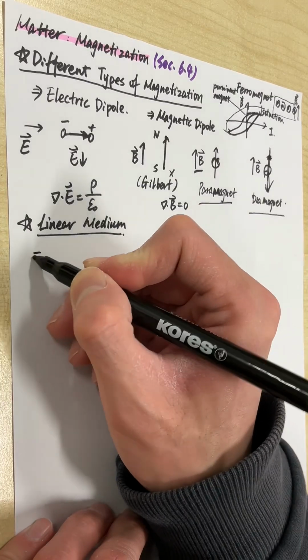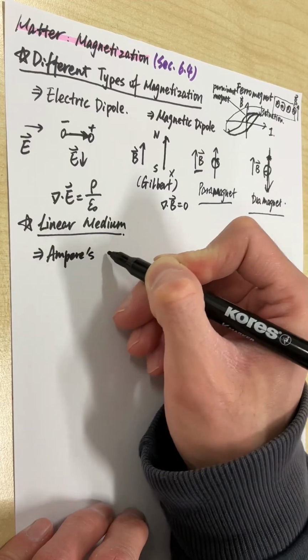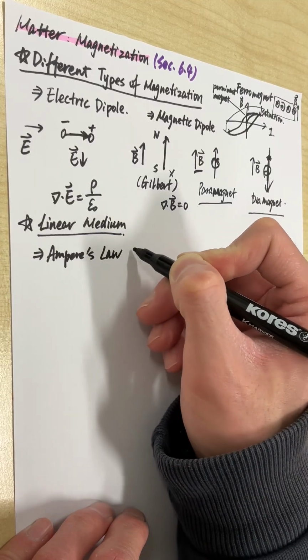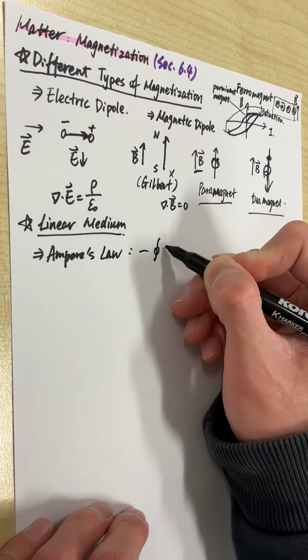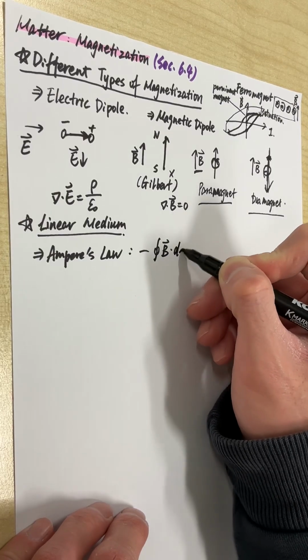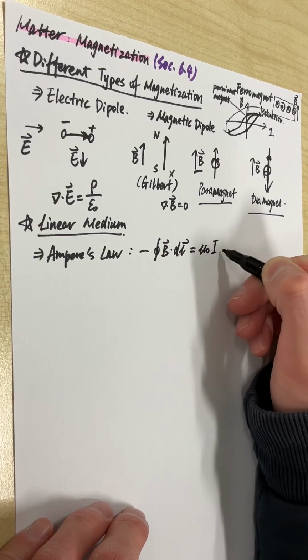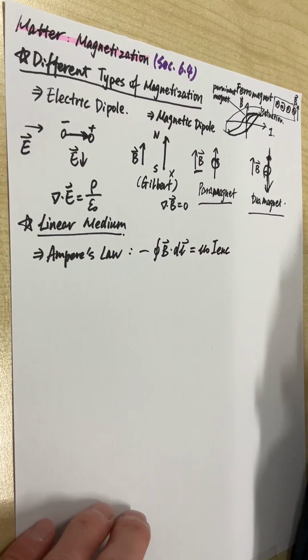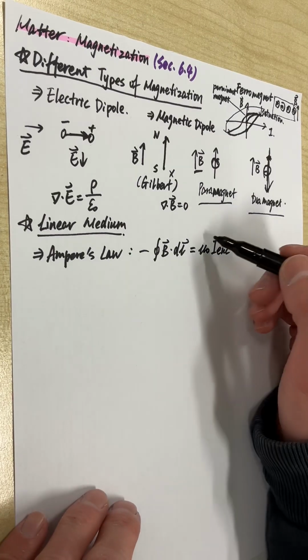We still have Ampere's law, but Ampere's law needs to be modified. Initially, in the integral form, we have the closed loop integral of the magnetic field equals mu0 times the total current enclosed. But now in a linear medium, it's not free space anymore.